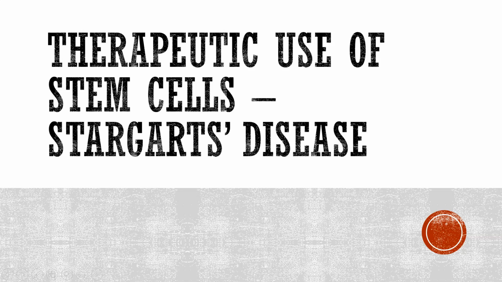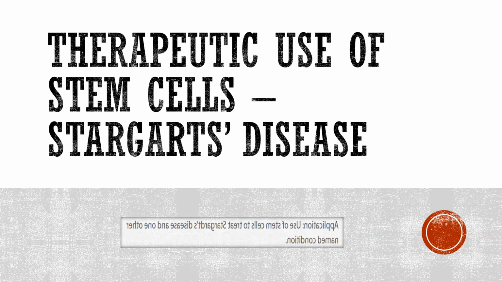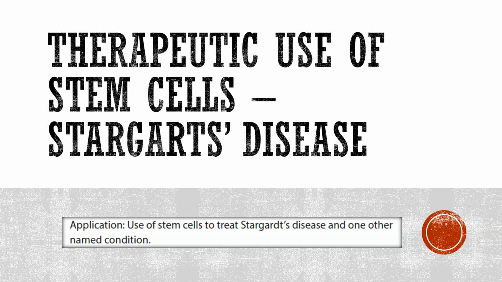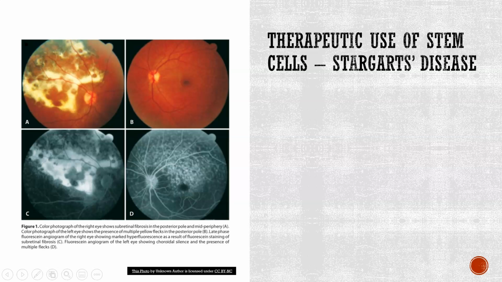Okay, so looking now at some of the therapeutic use of stem cells, and we're going to look at Stargardt's disease, and this is one of your key application tasks. Okay, so the therapeutic use of stem cells, Stargardt's disease.